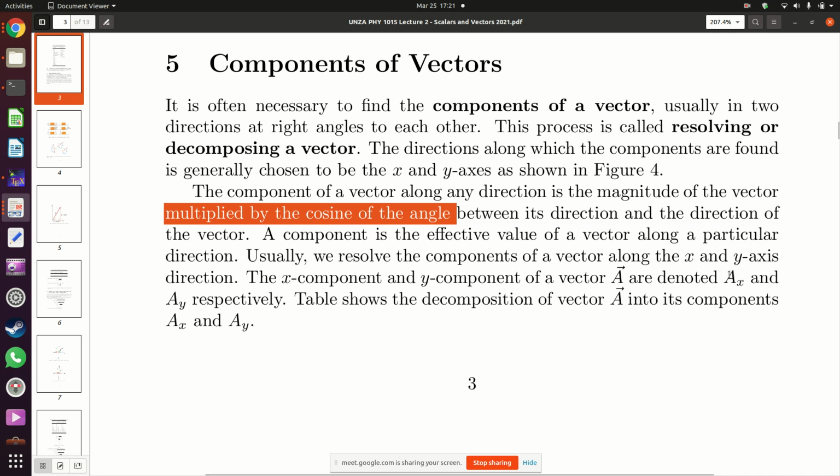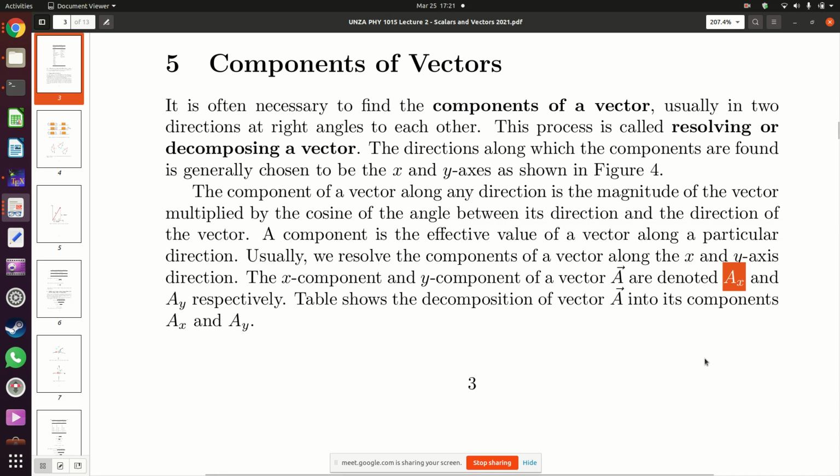So for Ax, we multiply the size of vector A times the cosine of the angle between the x-axis and vector A. The same thing is going to be done with Ay.